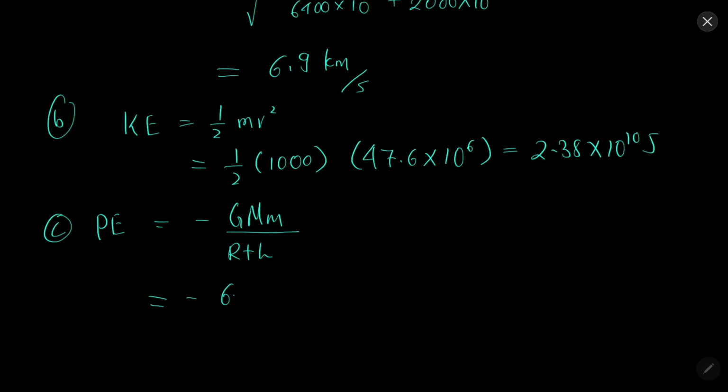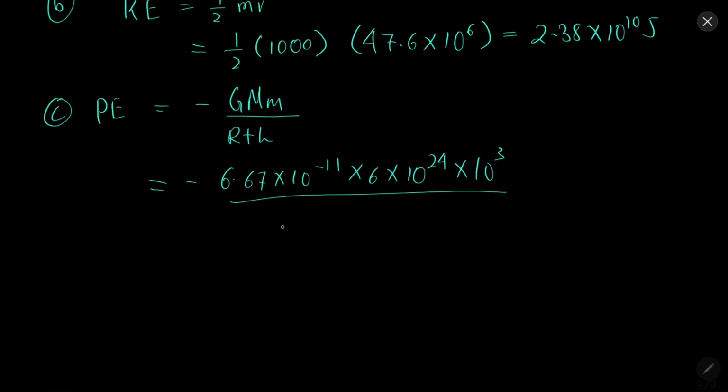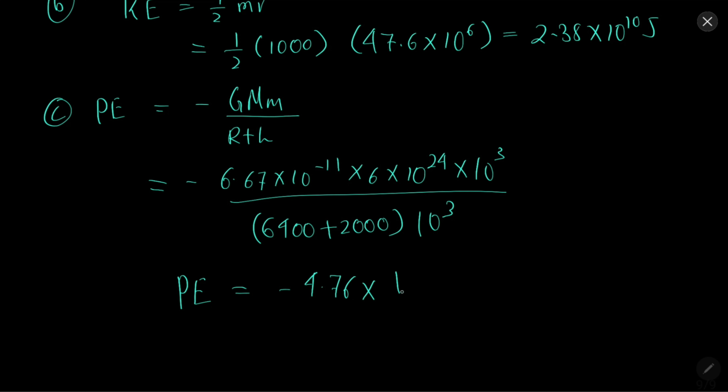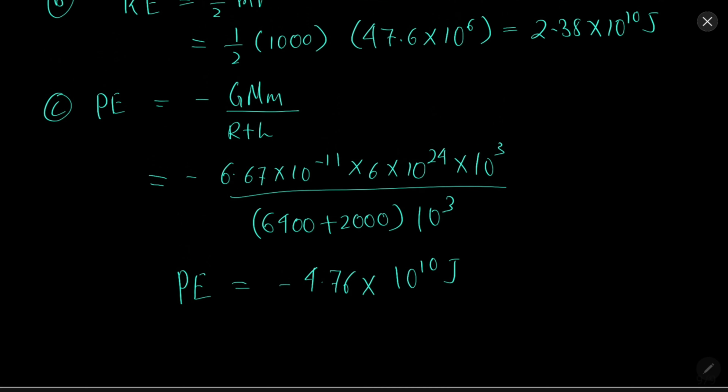So it will be minus 6.67 into 10 to the power minus 11 into 6 into 10 to the power 24 into 10 to the power 3 over 6400 plus 2000 into 10 to the power 3. So potential energy will come out to be minus 4.76 into 10 to the power 10 joules.